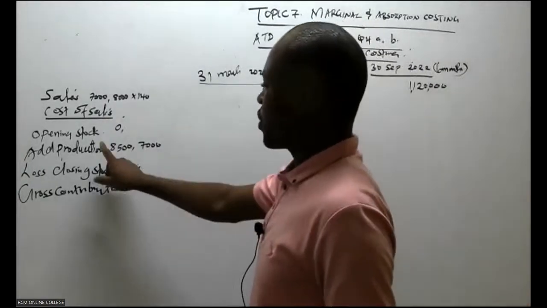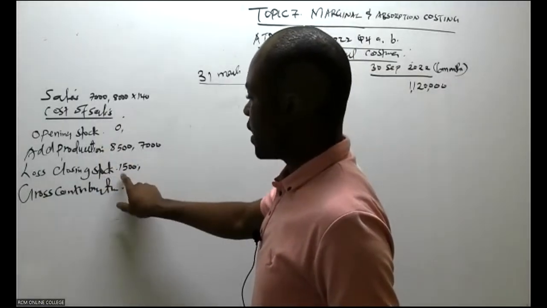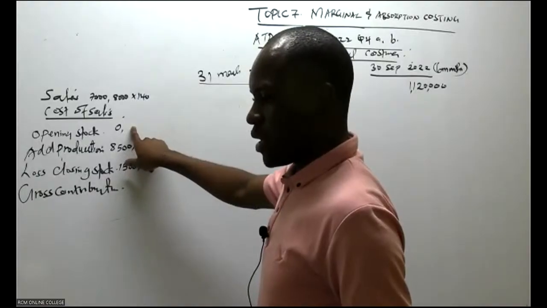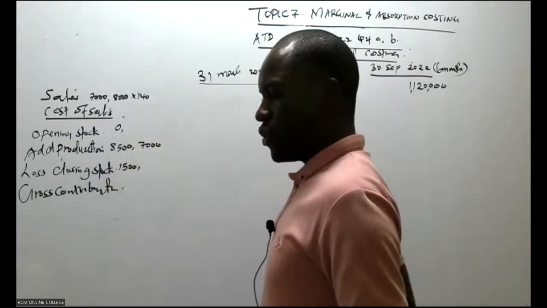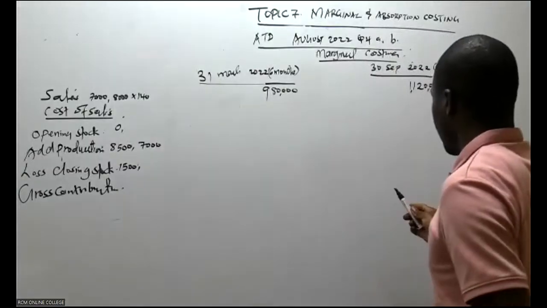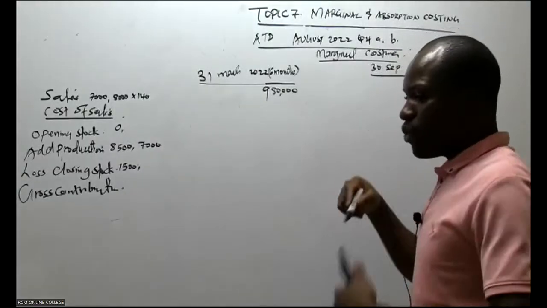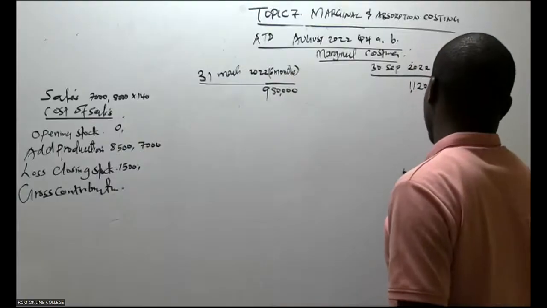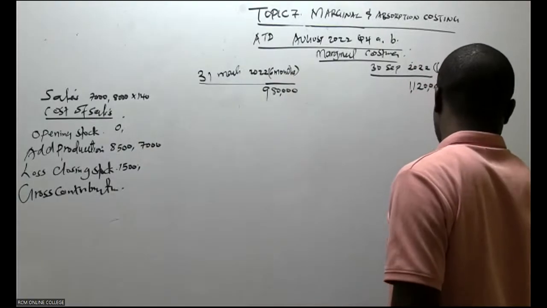We've identified that the closing stock of this part here is 1,500. Somebody's asking me to explain the closing. You normally say, you only sell what you have. You opened with 0.